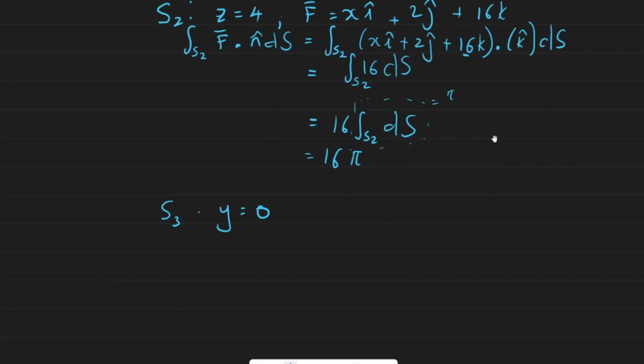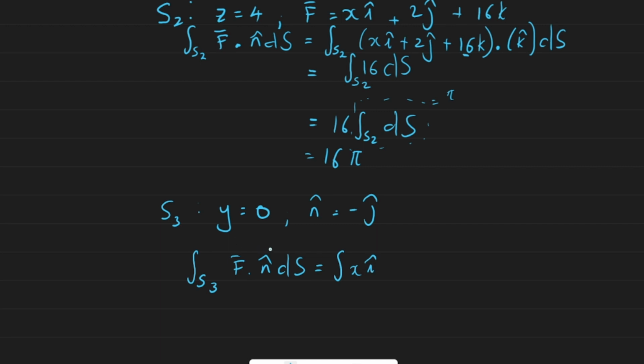It's fairly straightforward. So for surface 3, we put y equal to 0, and we know that the normal vector was equal to minus j. So if we do our surface integral along surface 3, we have F dot the normal vector times the surface area element, and then putting our vector in, that's xi.